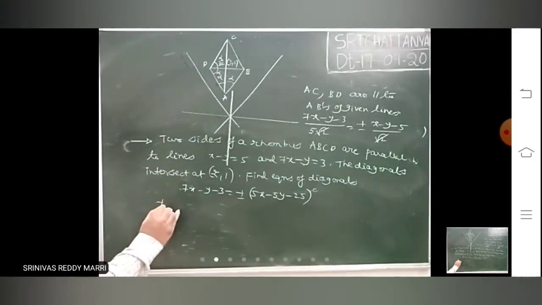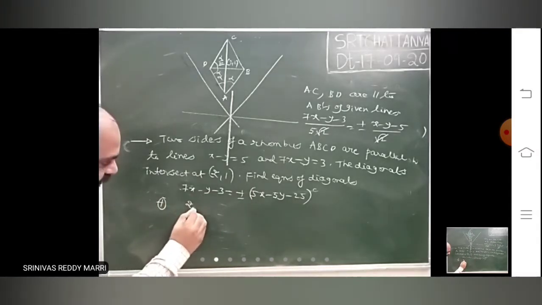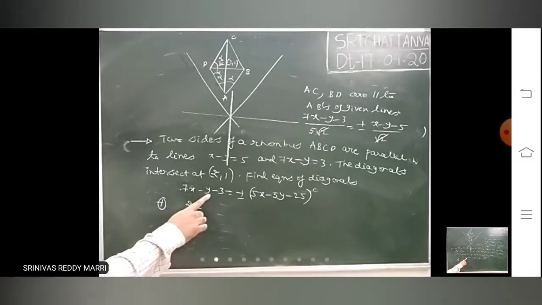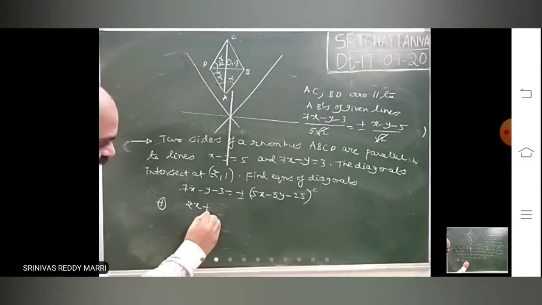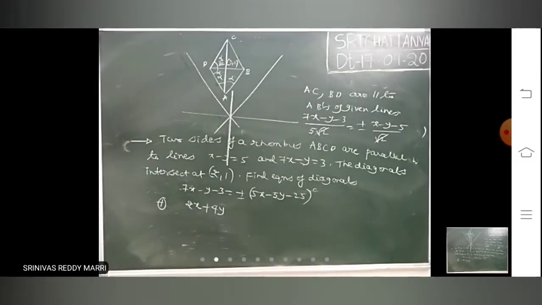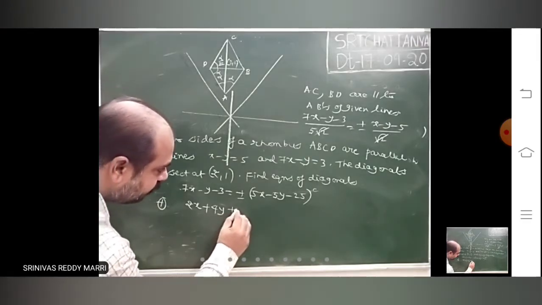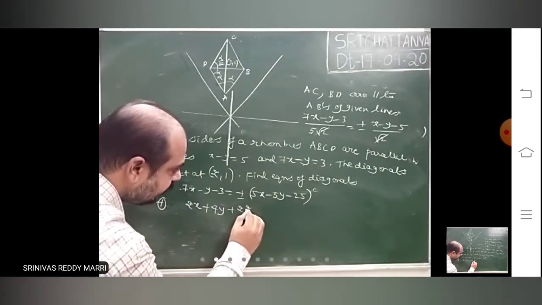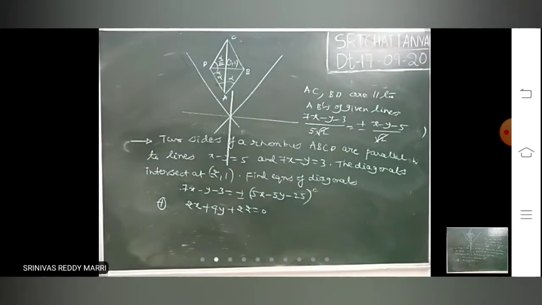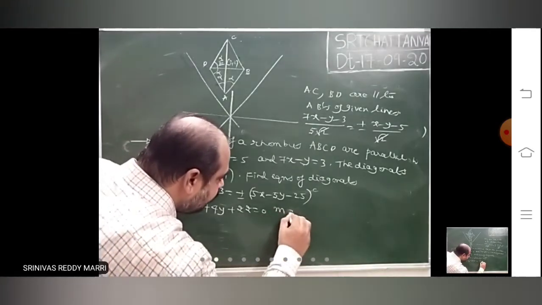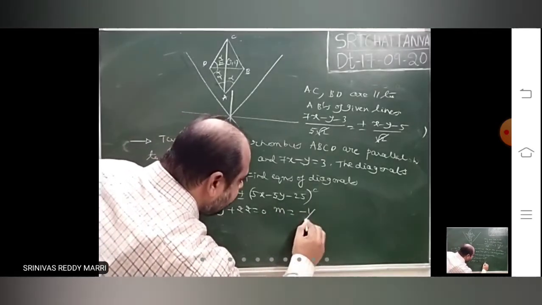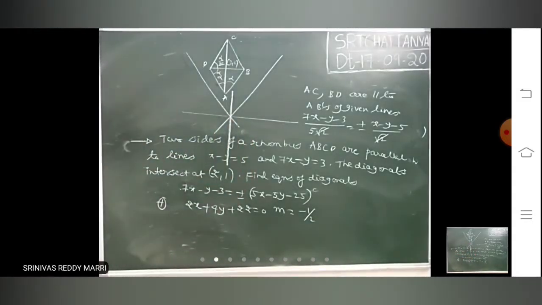If you take plus, bring this side: 2x, minus y plus 5y, plus 4y, minus 3 plus 25, 22 equal to 0. For this, the slope is minus 2 by 4, minus 1 by 2.